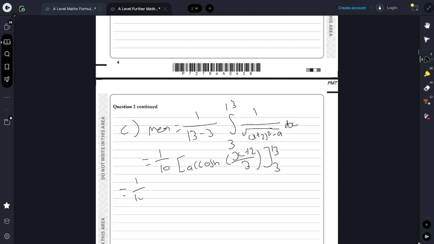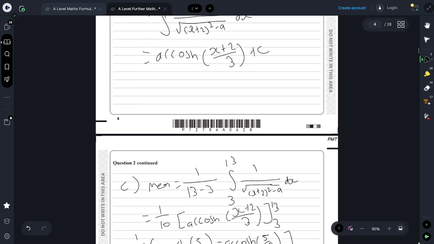So that's 1 over 10 of arcosh of 13 plus 2, which is 15 over 3, which is 5, minus arcosh of 3 plus 2, which is 5 over 3.